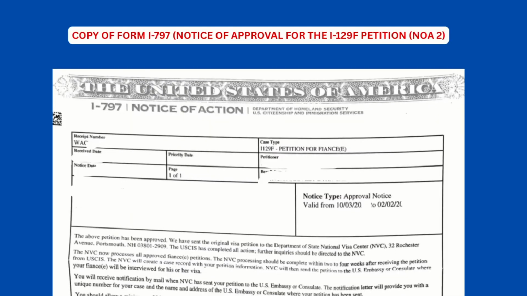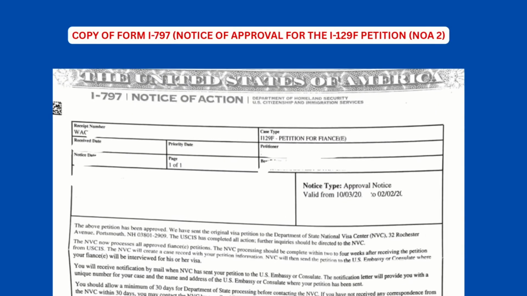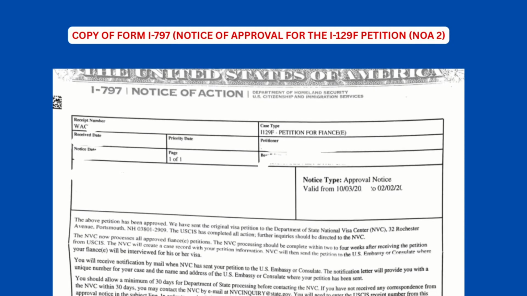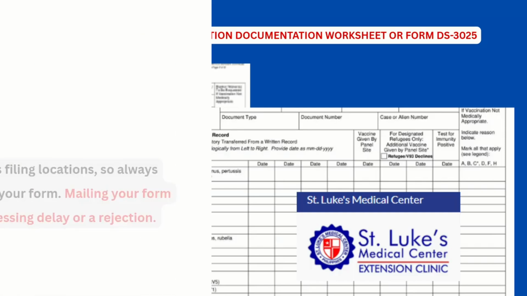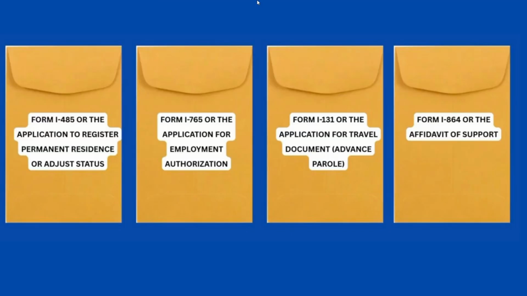We also included another copy of Form I-797 or NOA 2 from your I-129F petition. Also included is another copy of our valid vaccination documentation worksheet, or Form DS-3025, that we received from St. Luke's in Manila.